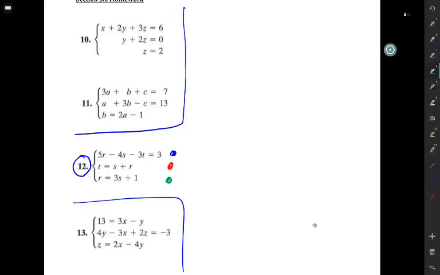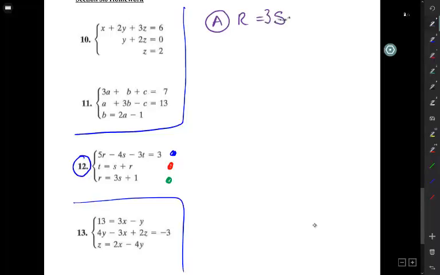So we already have equation A, which we can put in purple: r equals 3s plus 1. Make sure when you're writing your s's, you do little curls at the end so it's very clear they're not 5s.